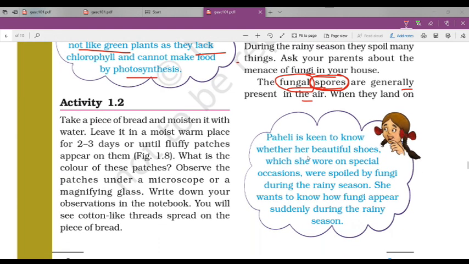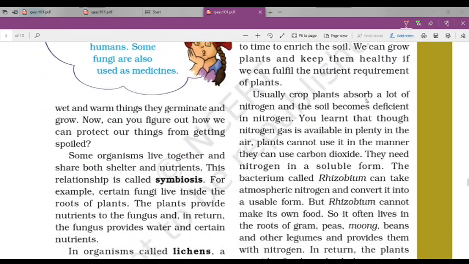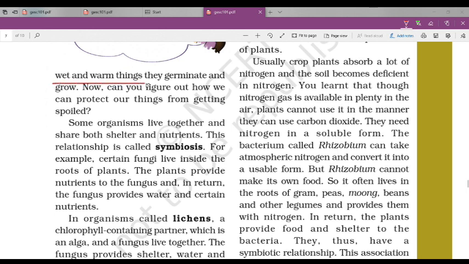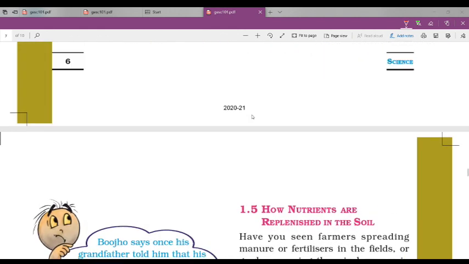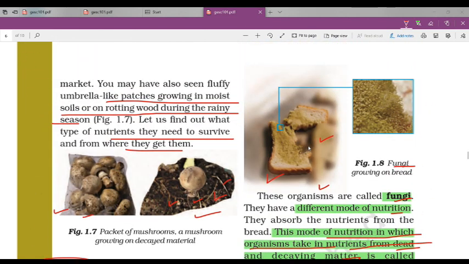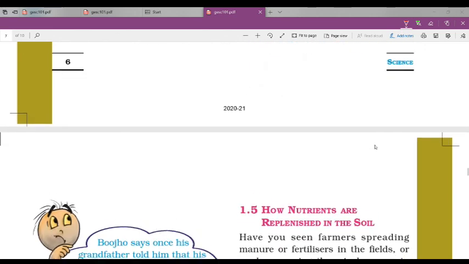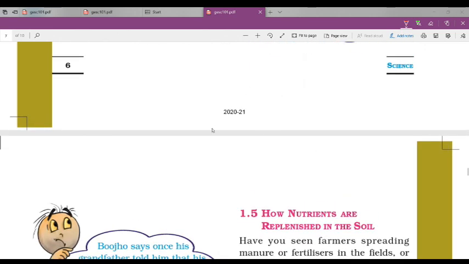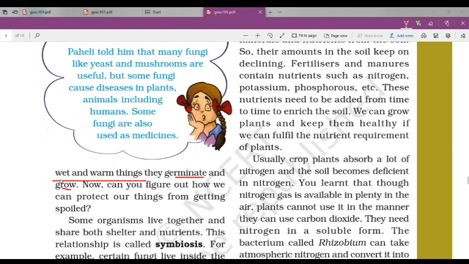Whenever there is a hot season, they form spores, and these flow in the air and land on wet and warm things. They germinate and grow. In adverse conditions, these fungi make spores, and these spores grow whenever they get a warm and wet area.